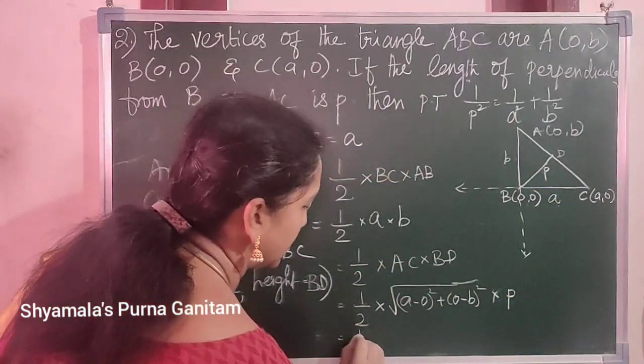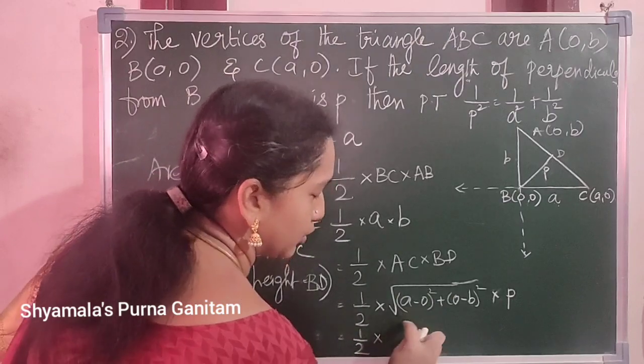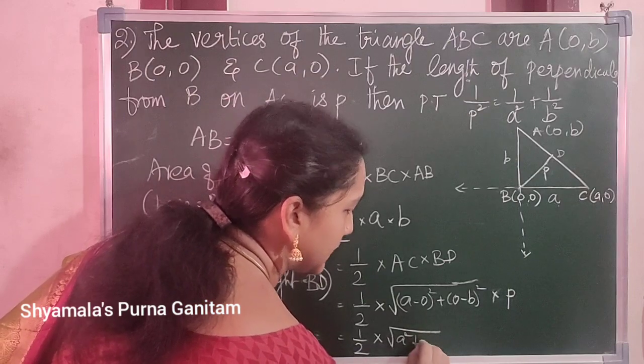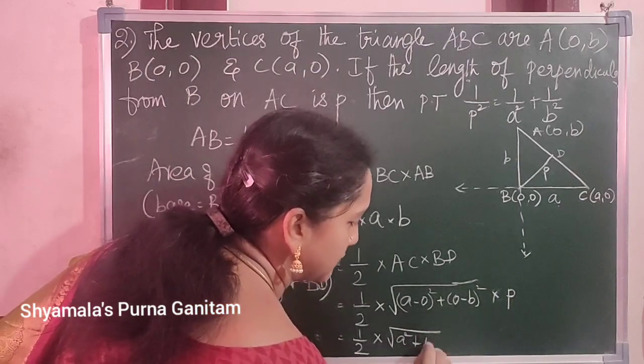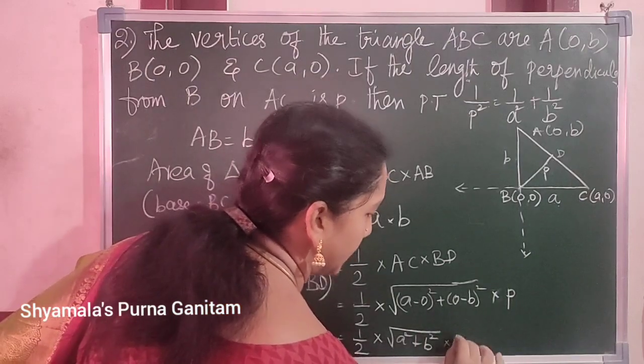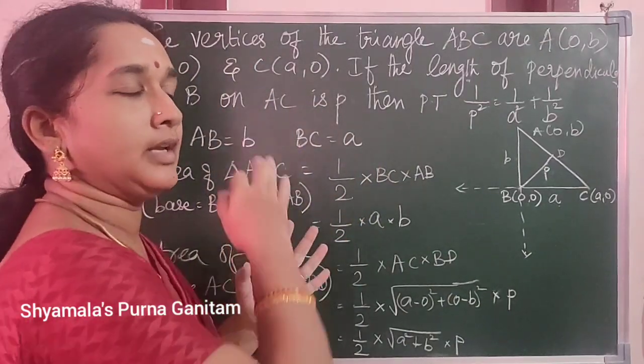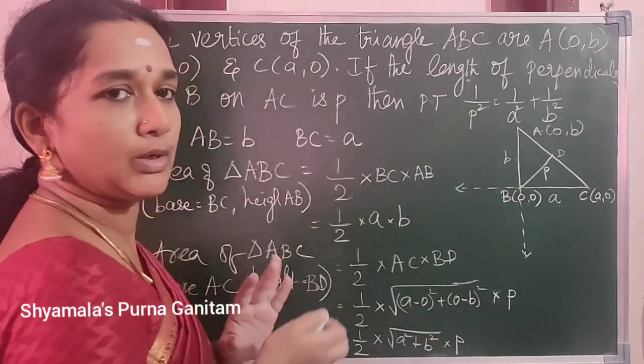When you simplify this, half into root of A minus 0 the whole squared is A squared, plus 0 minus B the whole squared is B squared, into P. Now, in whatever way you are taking the area, the area will be the same.